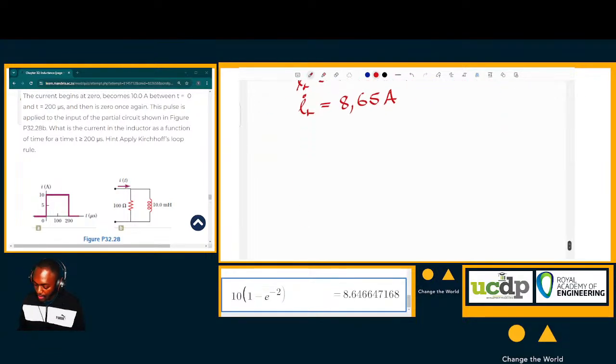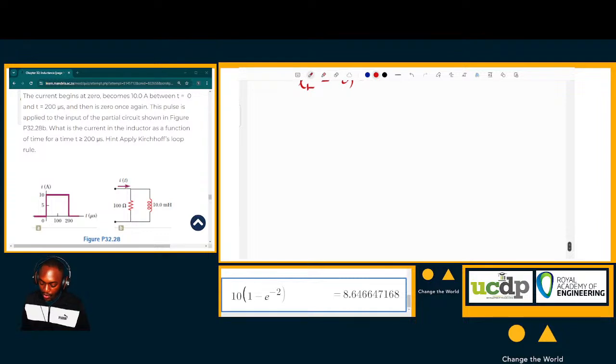So now we are considering after 200 microseconds, what happens? After 200 microseconds, what happens? The current begins to decrease. As you can see, it's decreasing until it gets to 0.